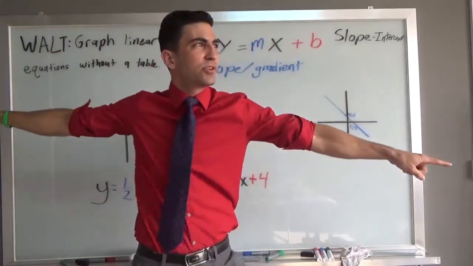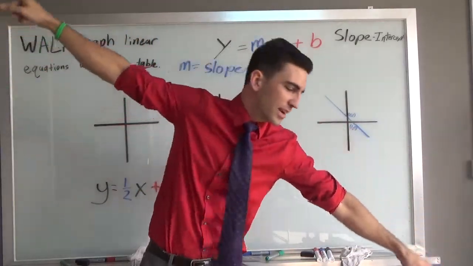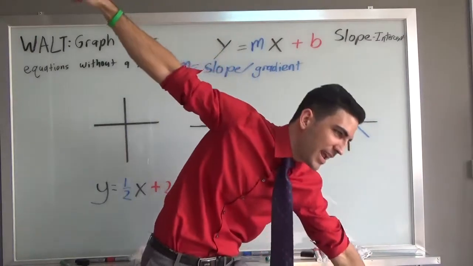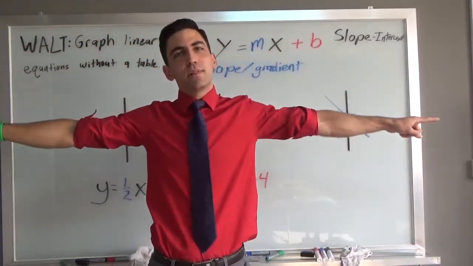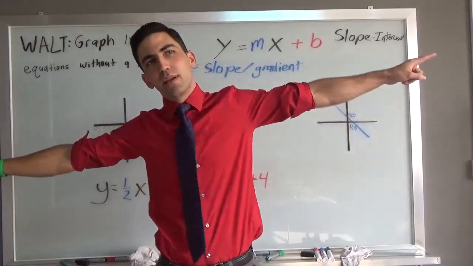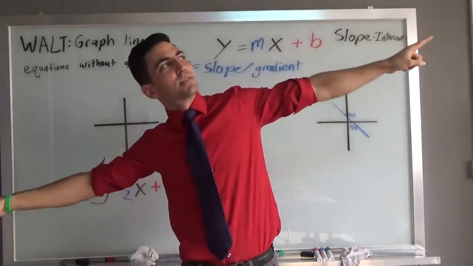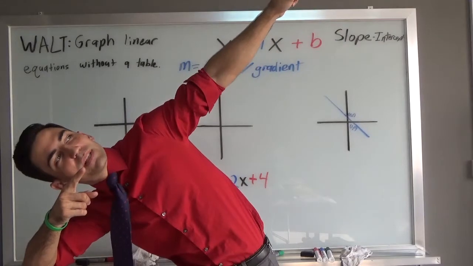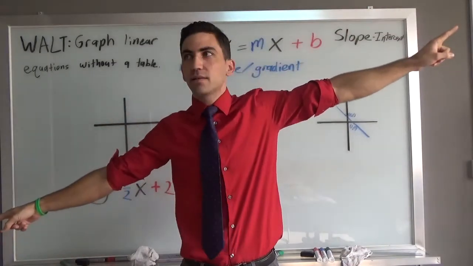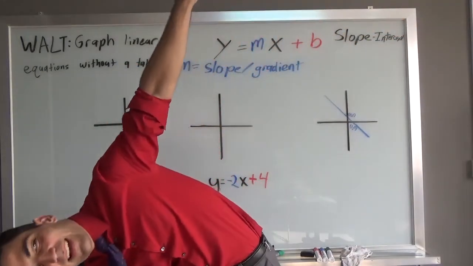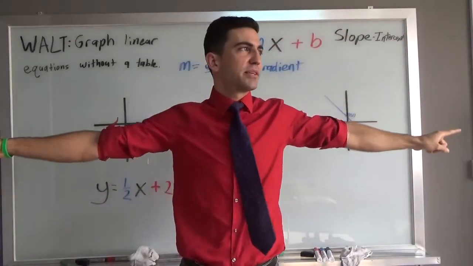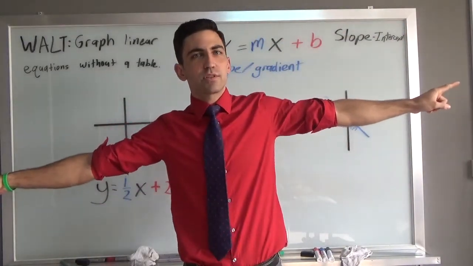So if you're doing yoga and you're pointing down this way, it's a negative slope. And similarly, a positive slope is when it points up as we go left to right. So that's what the slope is.